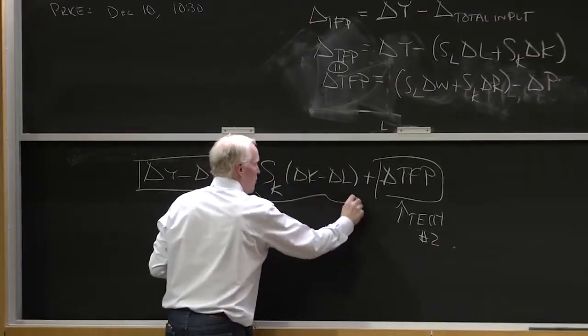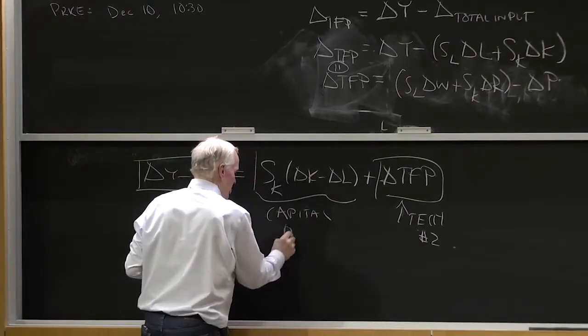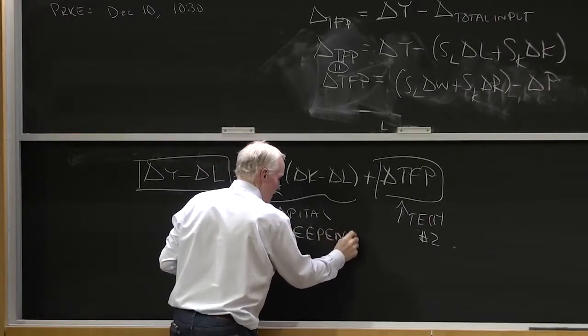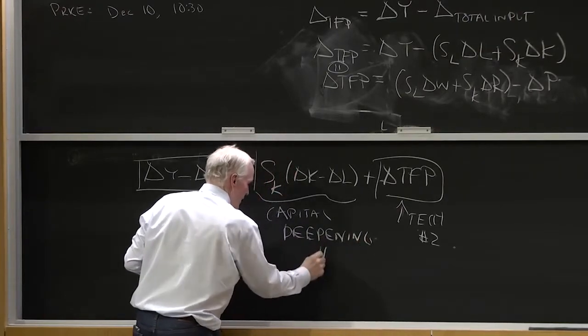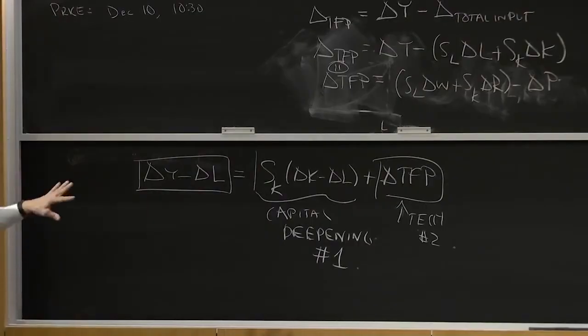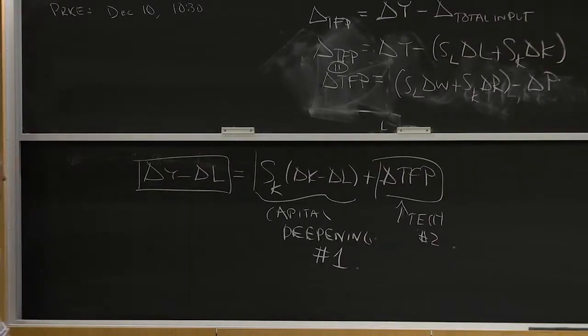And this is what we call capital deepening. That's number 1 that I put on the board. These numbers are not about how important they are. They're just the numbers I put up earlier. There's no significance to the order. So that would be a way to think about growth in labor productivity.